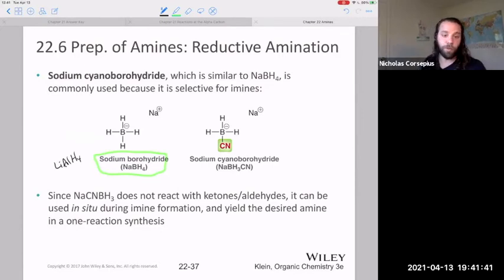It's actually a little bit weaker of a reducing agent than lithium aluminum hydride, which is why we see lithium aluminum hydride so much more. This sodium cyanoborohydride is very similar, except I've taken one of these hydrogens and replaced it with a cyano group. What that does is weaken it as a reducing agent quite a bit. And the beauty of that is that now it doesn't react with aldehydes or ketones.